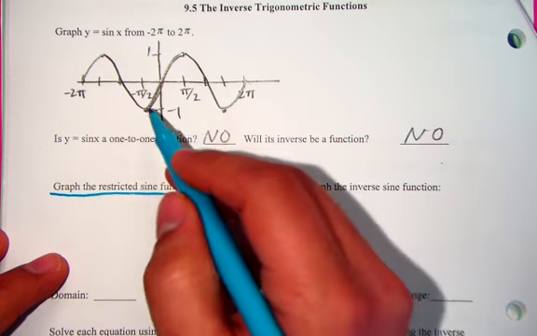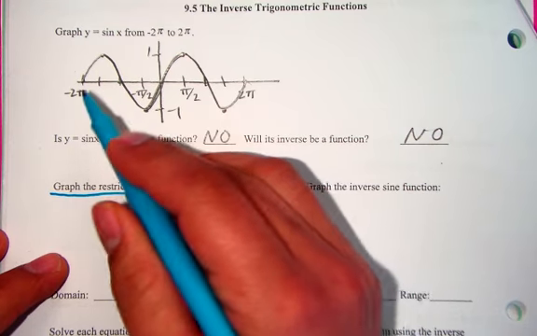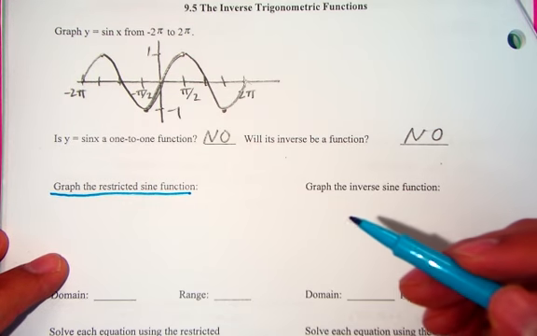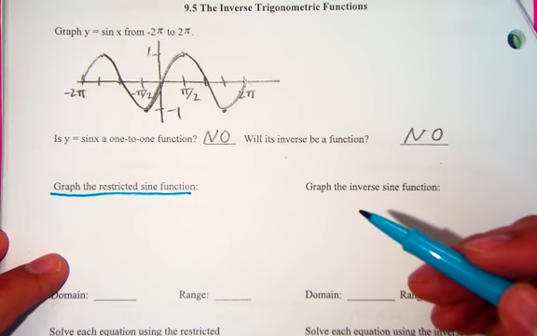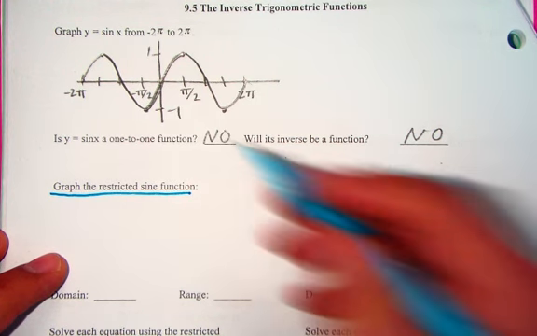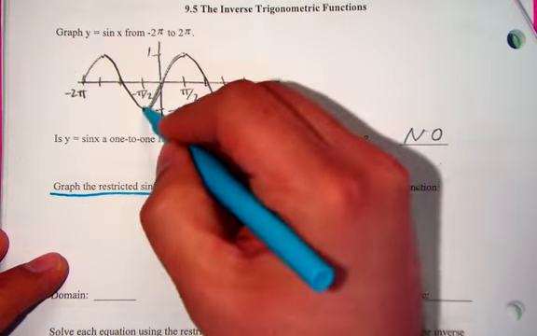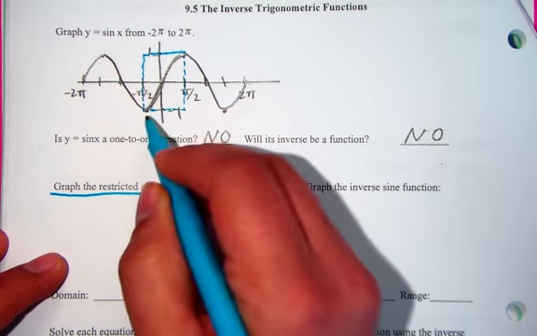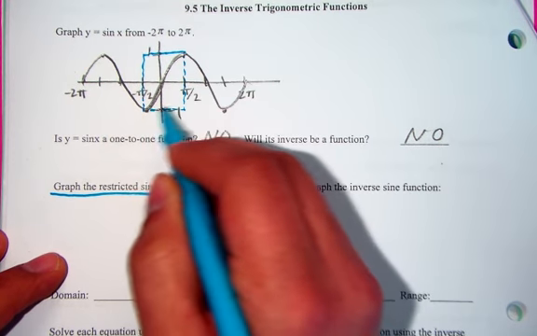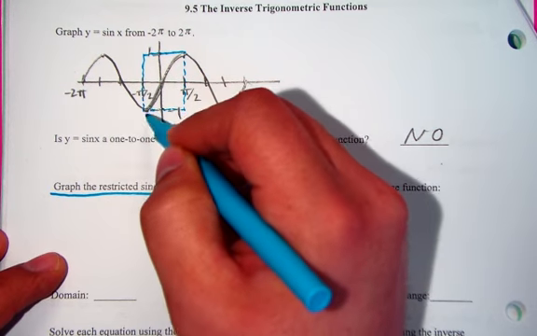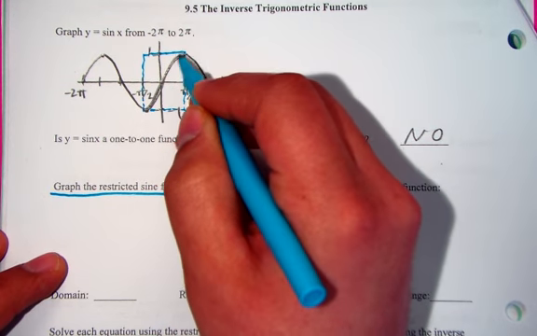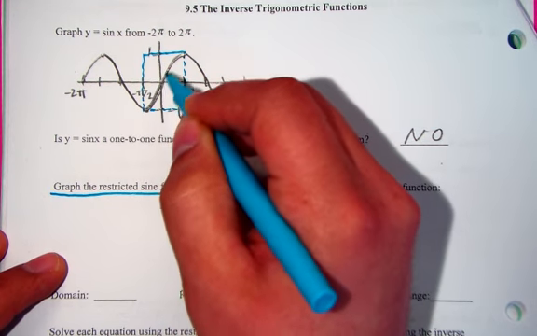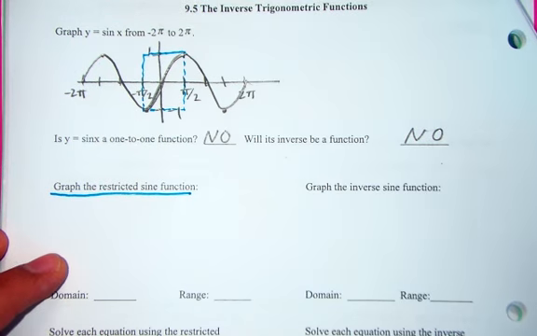Well, from where to where would be a good piece of the graph that's between -1 and 1? There we go. This little box, the rectangle right here. This is as small a window as we need because if you look carefully in this little rectangle, the function goes through all the outputs of the sine graph.